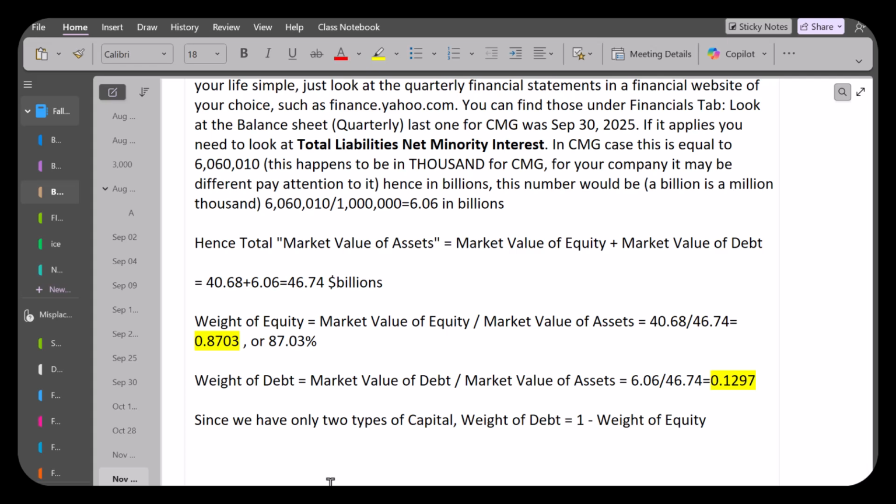And let's remember what weighted average cost of capital is. Rate of equity times cost of equity plus rate of debt times cost of debt times 1 minus tax rate.